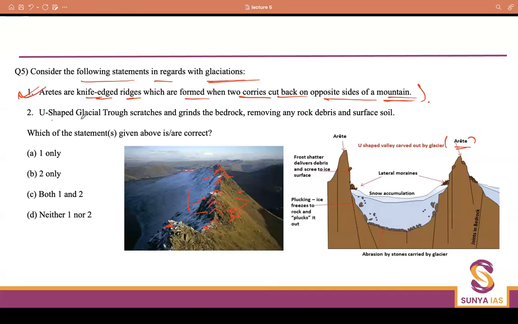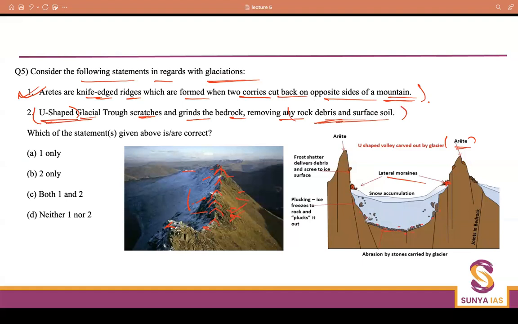The second statement says that a U-shaped glacial trough scratches and grinds the bedrock, removing any rock debris and surface soil. This is also true because U-shaped valleys are formed generally because of the flow of the glaciers. You can see here the lateral moraines, this lateral erosion, and these eroded materials at the bottom also are all taken by the force of the flow of the glacier.